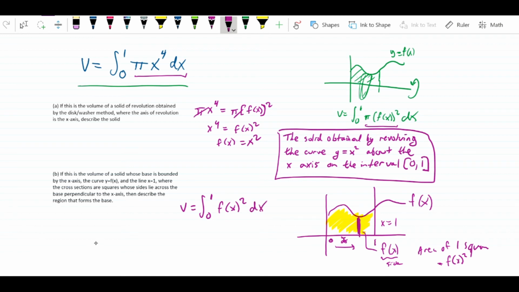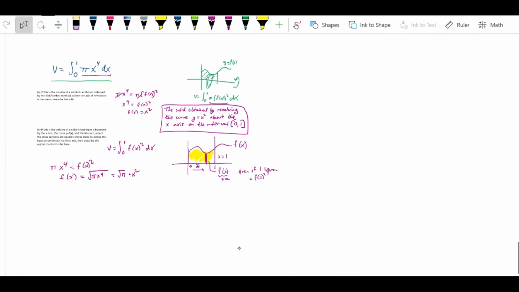So that means we can now equate the integrand in the given integral, pi x to the fourth, to f of x squared. So f of x is equal to the square root of pi x to the fourth, or the square root of pi times x squared. So basically a parabola.